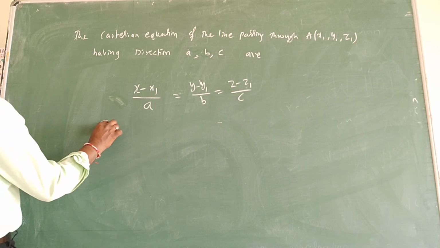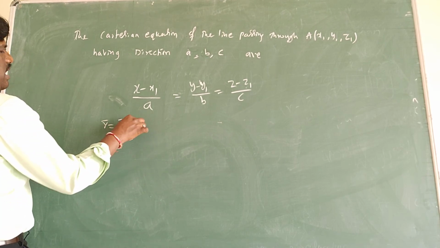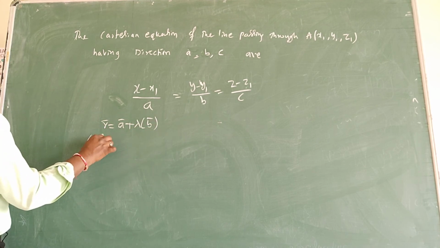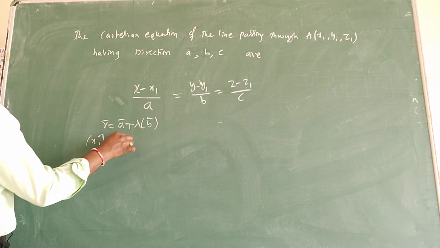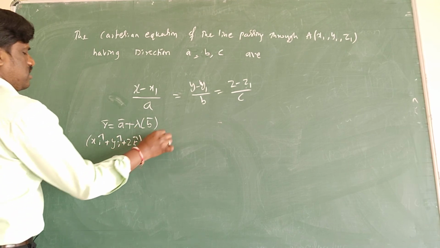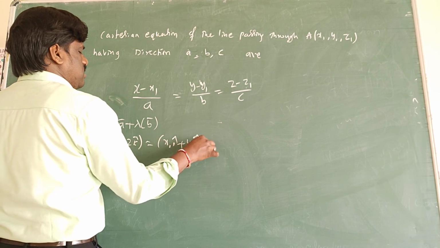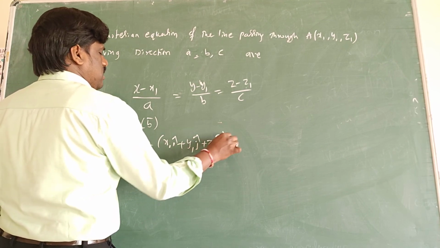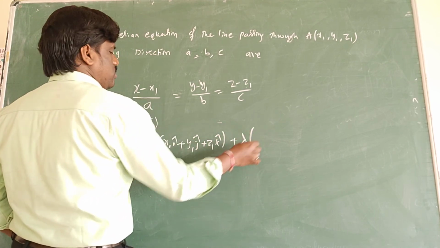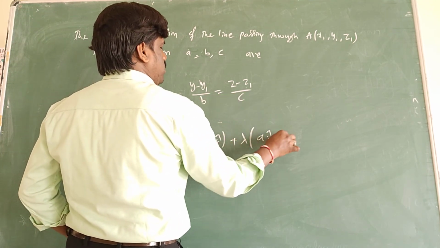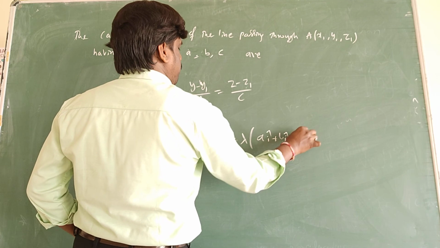See, R vector is equal to A vector plus lambda times B vector. R is x i cap plus y j cap plus z k cap, and A is x1 i cap plus y1 j cap plus z1 k cap, plus lambda times B vector. Here the direction A, B, C is given: A i cap plus B j cap plus C k cap.